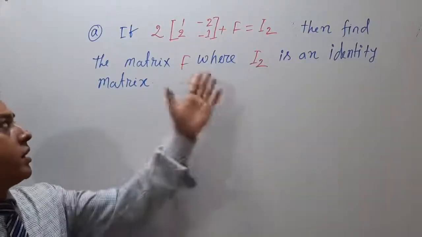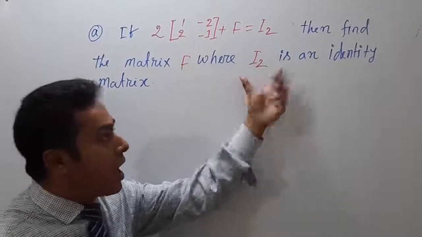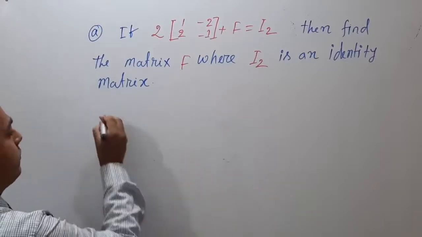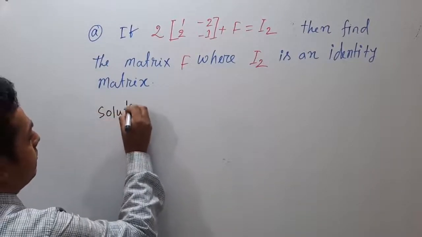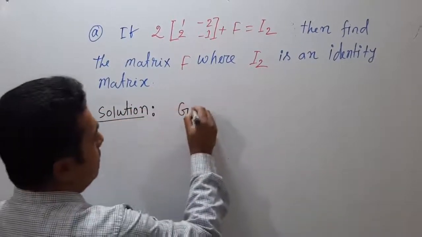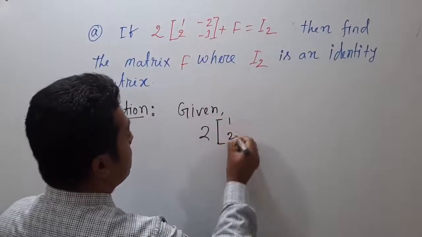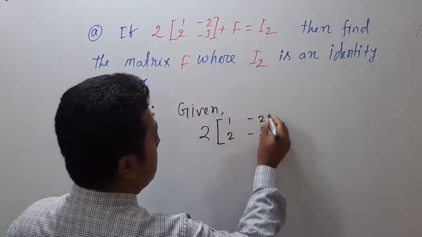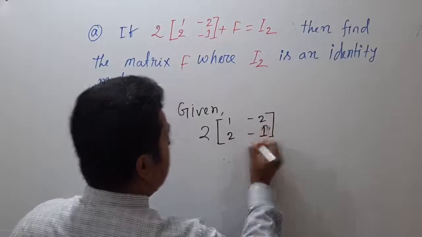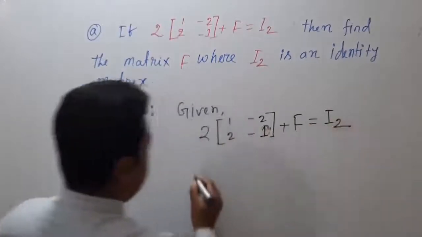Okay, dear students, solution of question A. We have to find the matrix F where I2 is an identity matrix. Given: 2, 4, minus 4, minus 2, plus F is equal to I2.